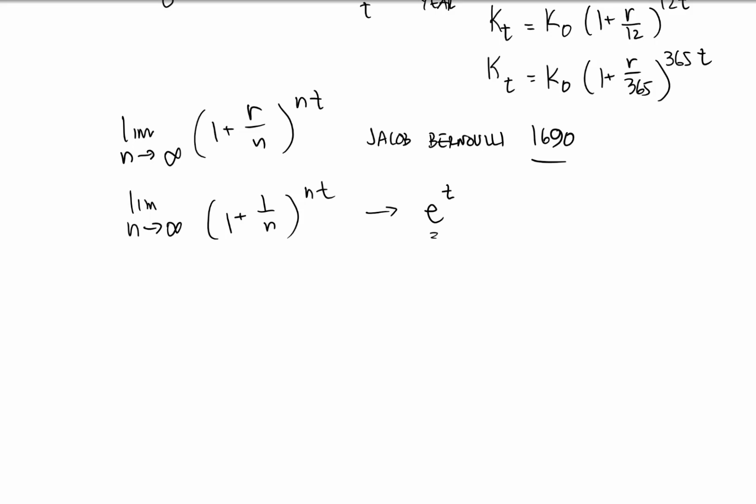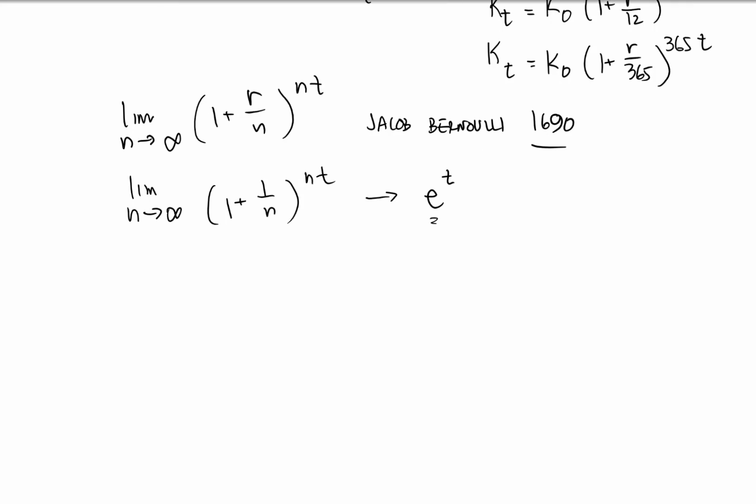So the limit of this, 1 plus 1 over nt, is e to the t. And it turns out that in our original question, the limit as n goes to infinity of 1 plus r over n to the nt goes to e to the rt.